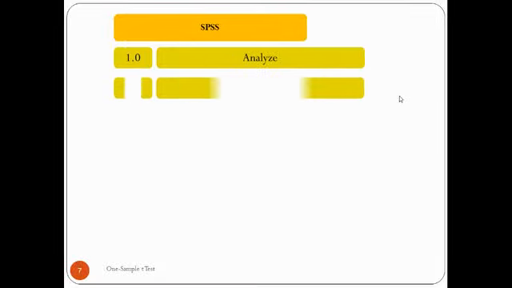For paired sample t-test. In movie 1 on paired sample t-test, we already learned some steps that are going to take us to SPSS outputs. Step 1 is to go to Analyze. Step 2, Compare Means.